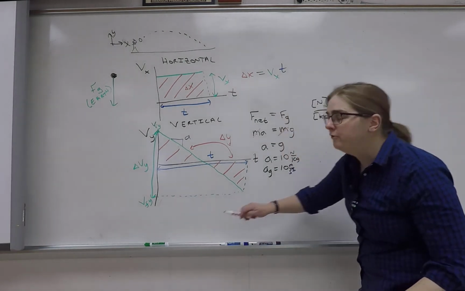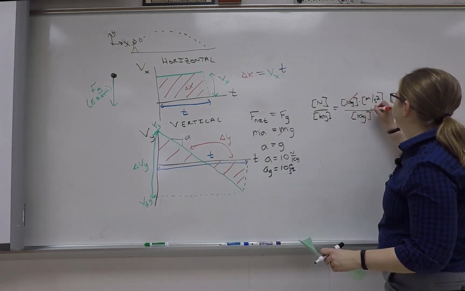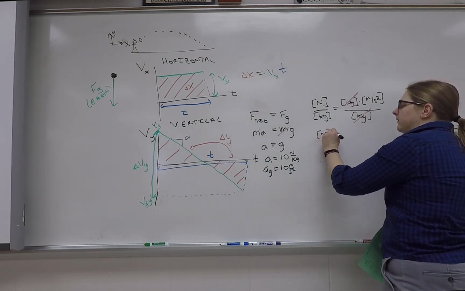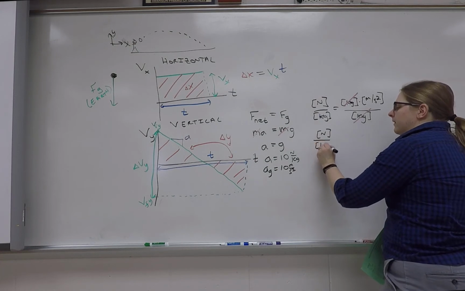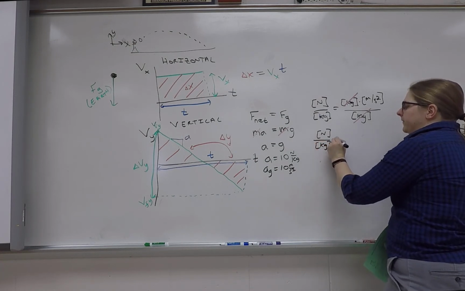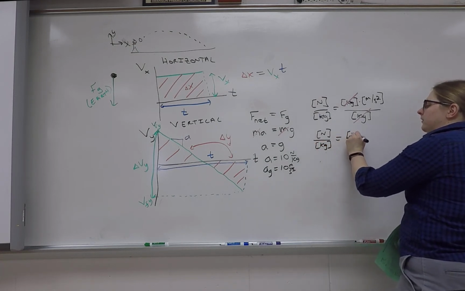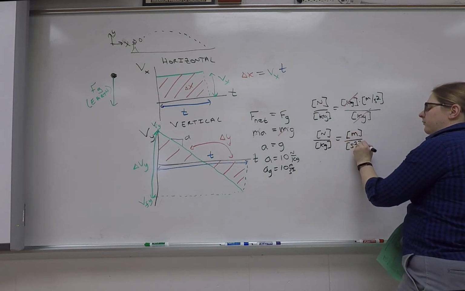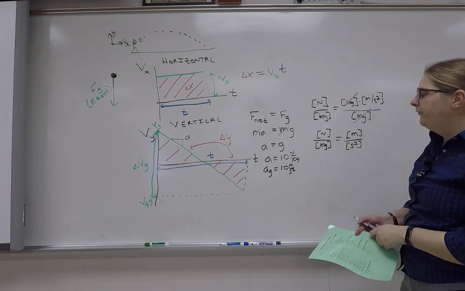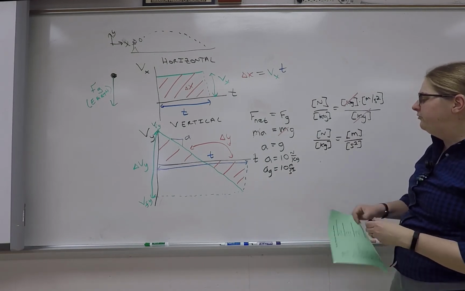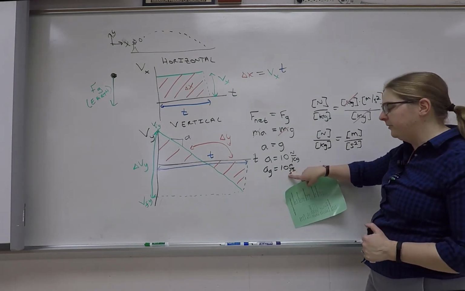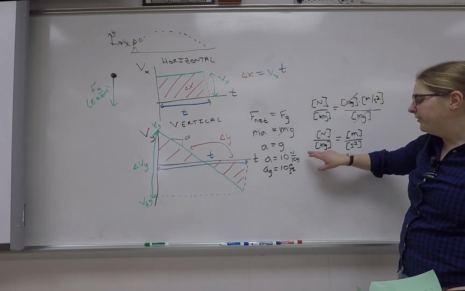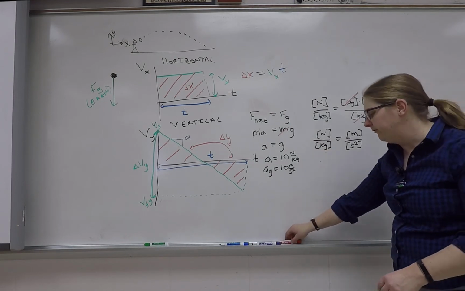So then if I have a newton per kilogram, these kilograms cancel, and I get that a newton per kilogram is equivalent to a meter per second squared. So what I'm getting at is that this a g, this 10 meters per second squared, is really just another way of thinking about the g that we've dealt with so far this year.